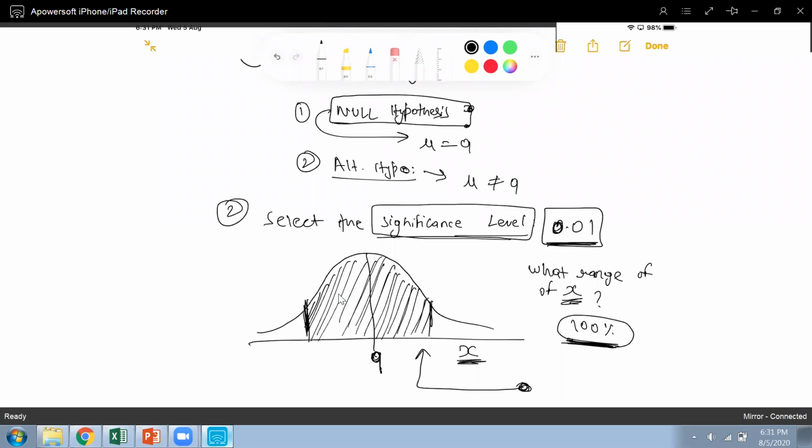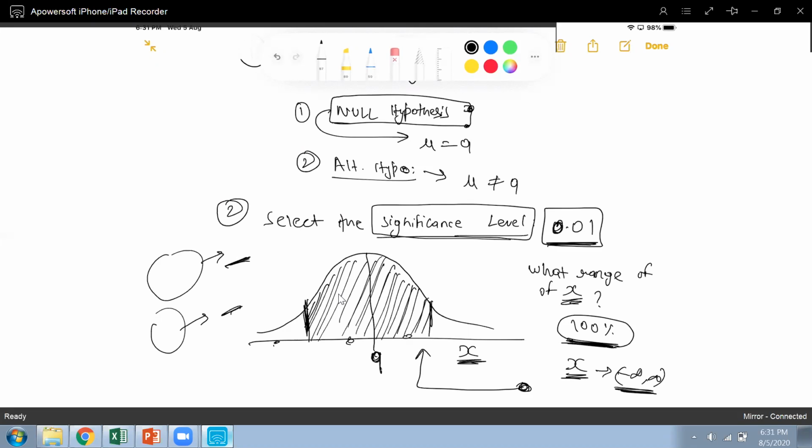See, if I take x from minus infinity to infinity, then whatever sample I do the test on, the results that I get from the test will lie in this region only, from minus infinity to plus infinity.